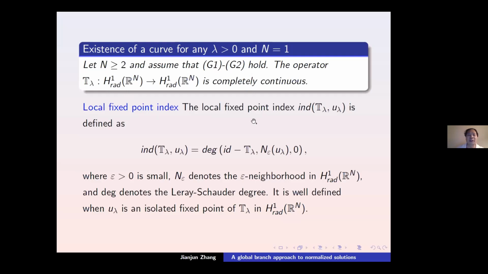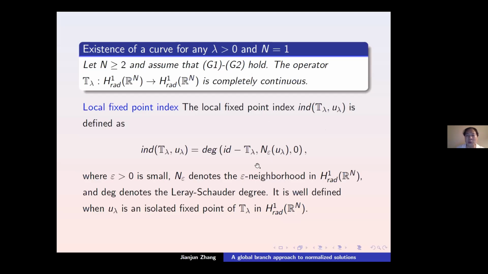So for lambda very small, we know the local fixed point index is well defined, because if we want to give the definition of the local index, we should know the fixed point is isolated or not. Here, for lambda very small, the possible solution of the original problem is unique. So we know the local fixed point index is well defined.